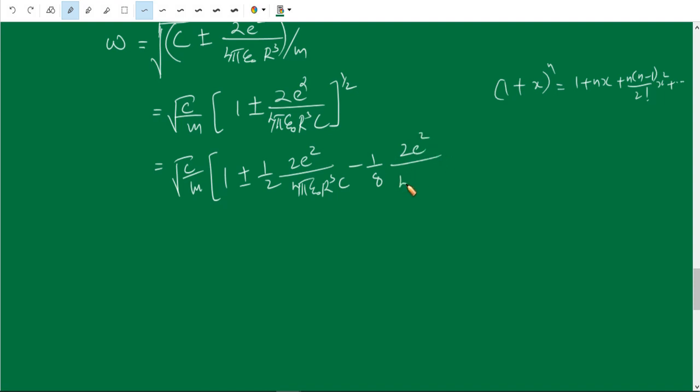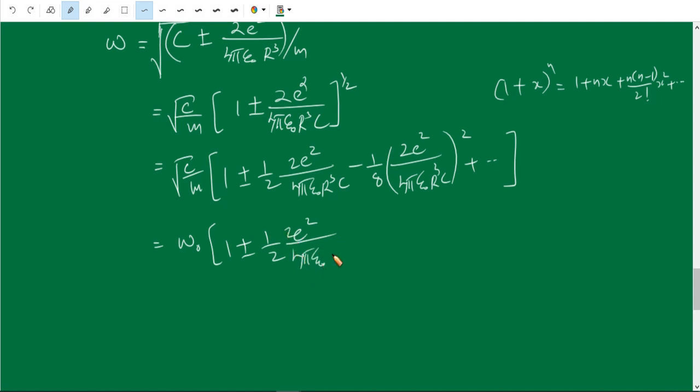Root of c by m is omega 0. So omega is omega 0 into (1 plus or minus 1 by 2 times 2e square by 4 pi epsilon 0 r cube c, minus 1 by 8 times (2e square by 4 pi epsilon 0 r cube c) whole square).